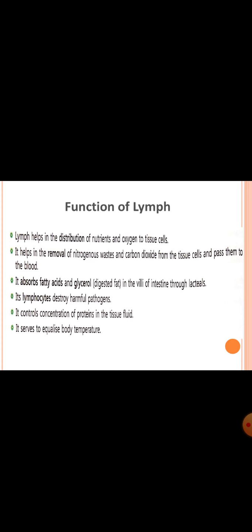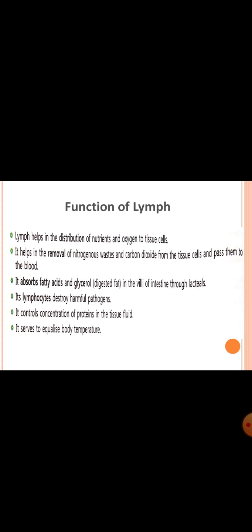Here is chapter 8 circulatory system completed. There are some important points such as the circulatory system is a transport system. It comprises heart, blood, vascular system, lymphatic system and tissue fluid. Blood is a fluid connective tissue and its liquid part is plasma, and cells are erythrocytes, leukocytes and blood platelets.